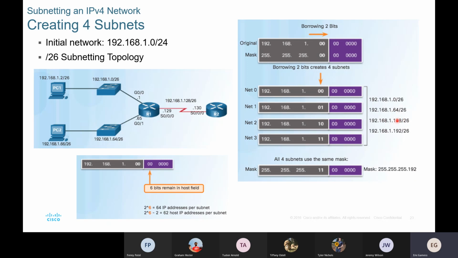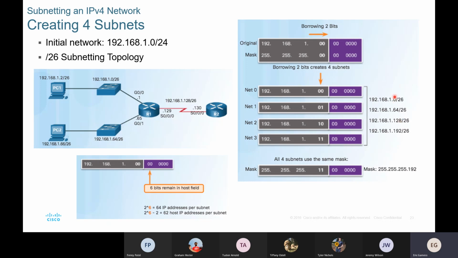That will be the third subnet. And 128 plus 64 is 192. That will be the 4th subnet. If I try to continue, look at what's going to happen: 192 plus 64 is 256. I cannot have 256, so it means that there are no more subnets.